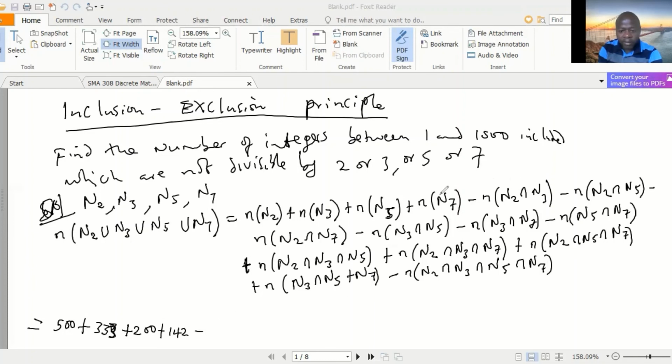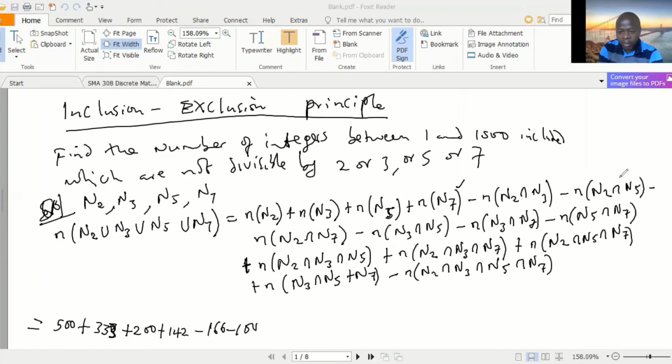Then minus, so we are done up to here. This is 2 times 3, which is 6. 6 divided into 1,000 gives us 166. And then this is 2 and 5, that is 10. Divided into 1,000, that would be 100.